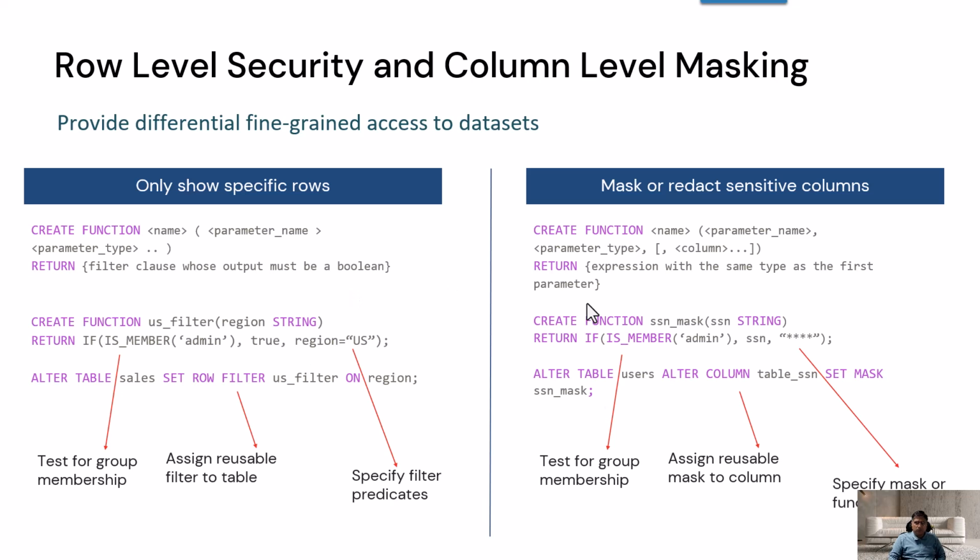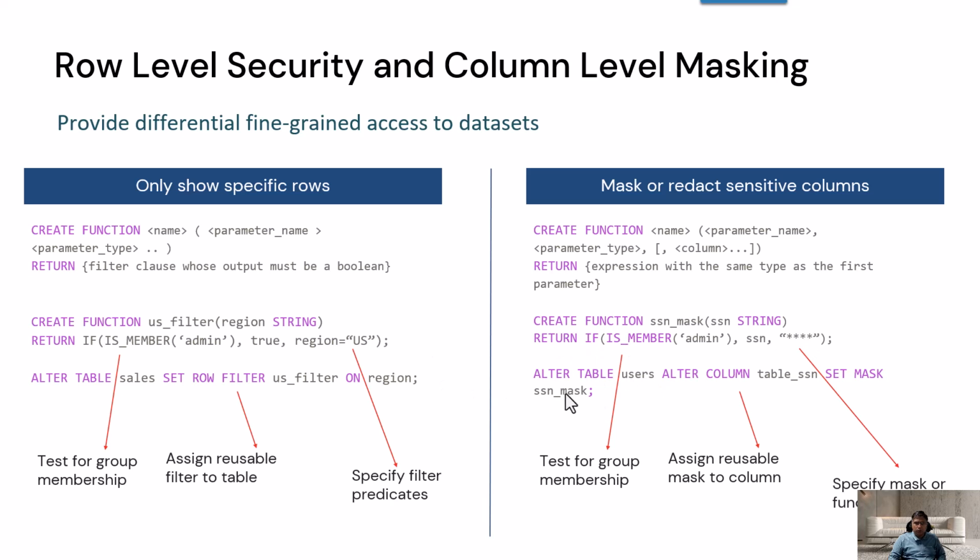In that case, you will create a function again, the SSN mask function, and in this you will provide a condition. Like in this example, if you are a member of the admin group, you will display the SSN number as it is. Otherwise, you will display the star 4 times.